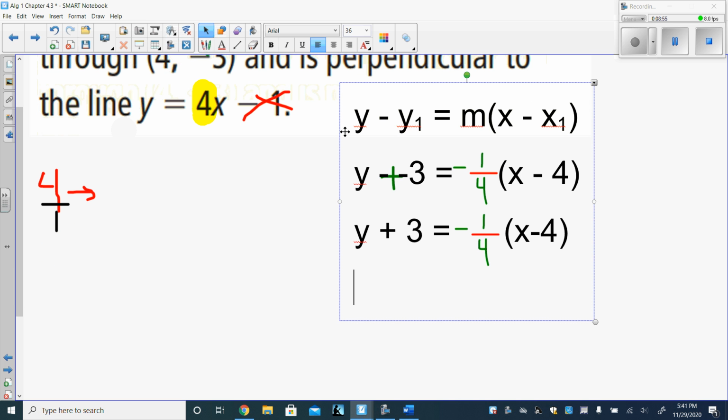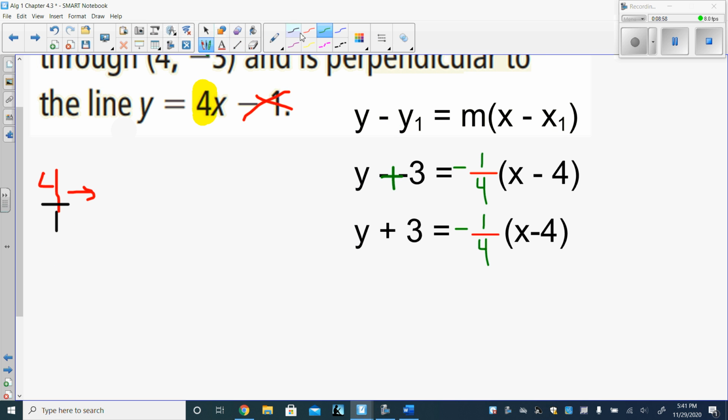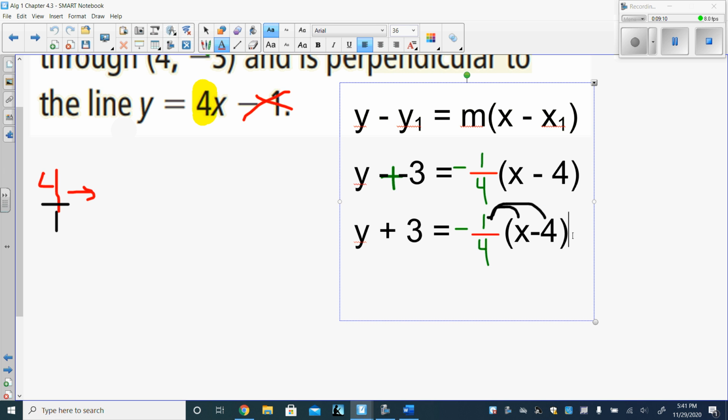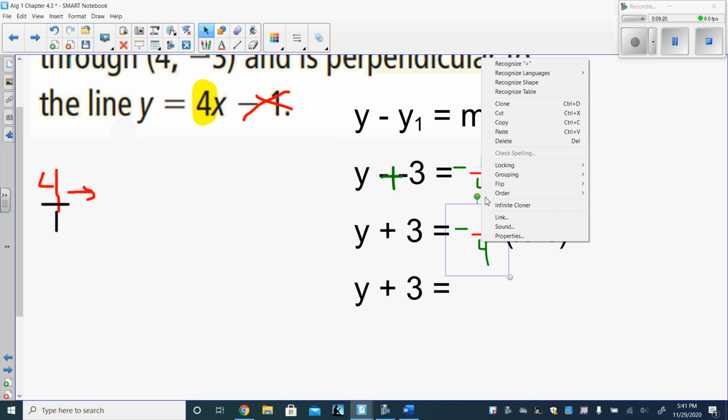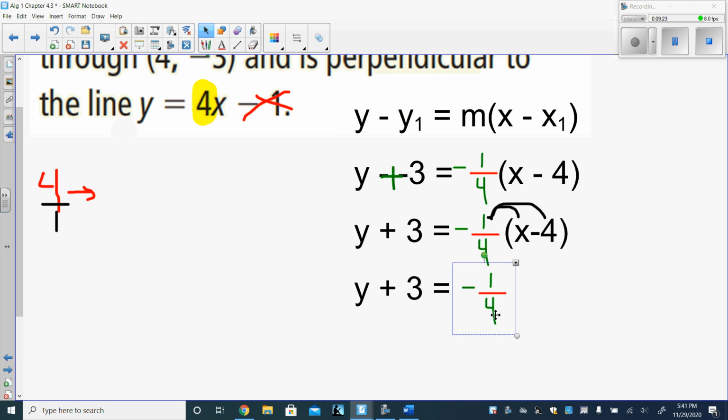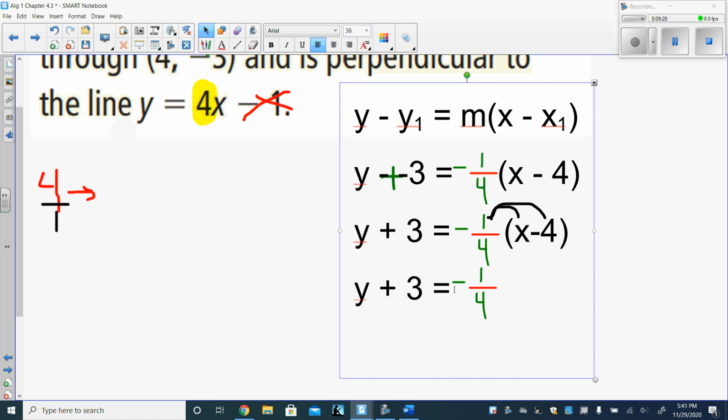Now again, we're wanting to get it in y equals mx plus b form, and just like we did the other day, the first thing we're going to do is multiply through by negative 1/4. Well, the y plus 3 is not going to change. It's still going to be y plus 3 equals. One of the things we will have is that negative 1/4 times x is just going to be negative 1/4 x.